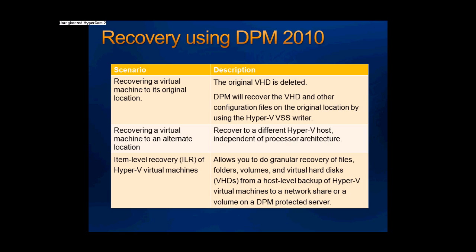All you need to do is mount the backups of the virtual machines, and then you can drill down all the way to the files or folders to recover the files that you want. But in order to do item level recovery, one of the requirements is that you need to install the Hyper-V role on the DPM server.